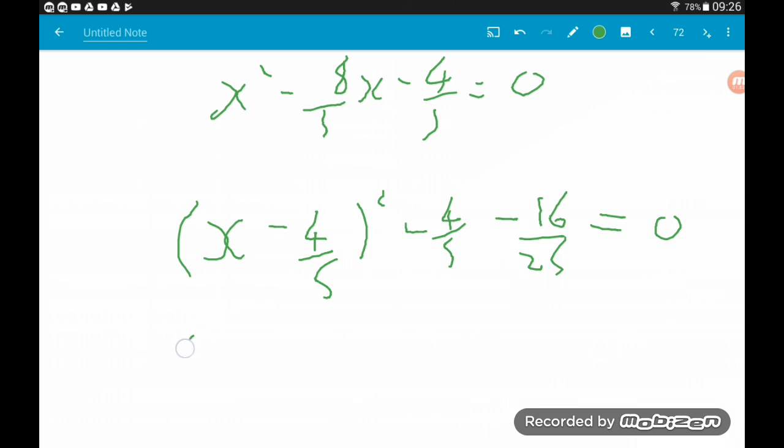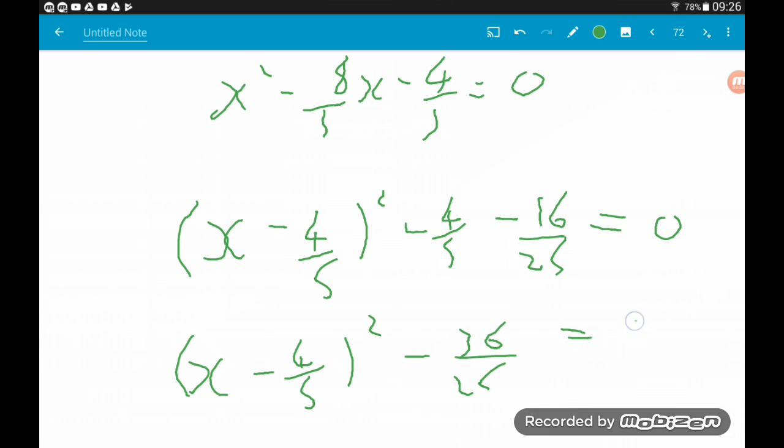Okay, so x minus 4 fifths squared. Well, we want to combine these fractions now. So minus 4 fifths in terms of 25ths is minus 20 25ths. So we've got minus 20 25ths minus 16 25ths. So we've actually got minus 36 25ths. So it's going to turn out a bit nicer than I thought.